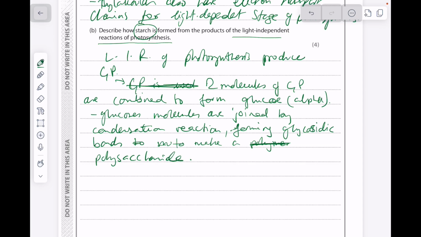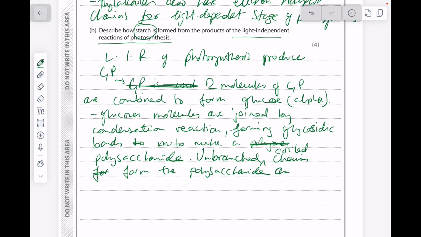Okay. Unbranched, coiled chains form the polysaccharide amylose.